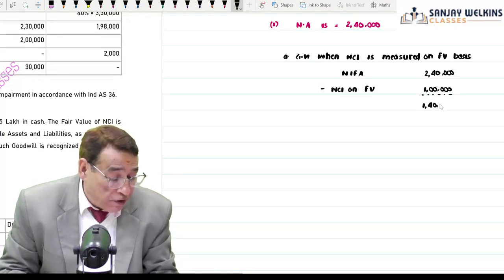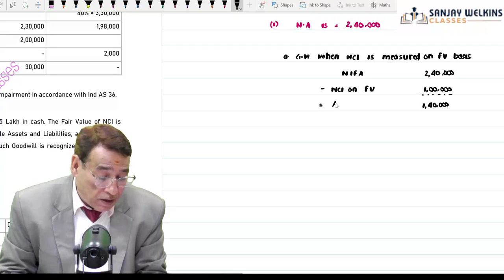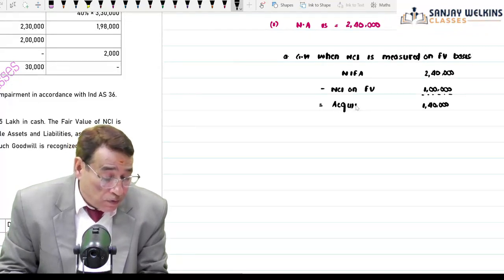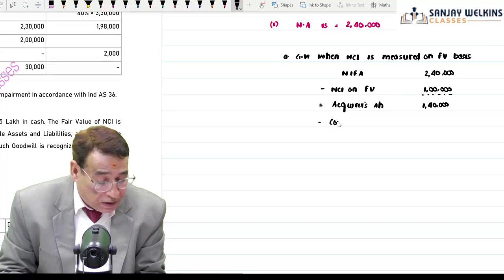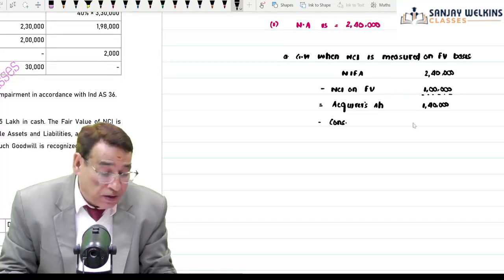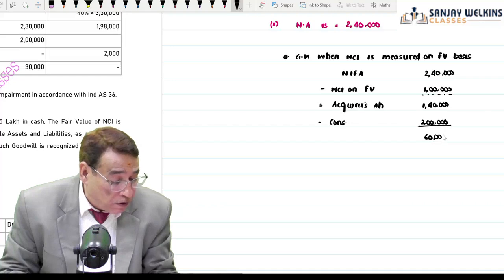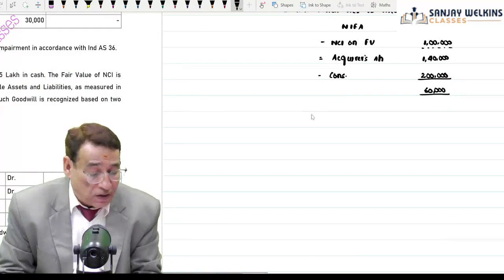So 1,40,000 will be the acquirer's share, correct? Compare it with the consideration. Amount of consideration is 2 lakh. So your goodwill will be equal to 60,000. In this case, your goodwill will be equal to 60,000. Is it clear to you or not?